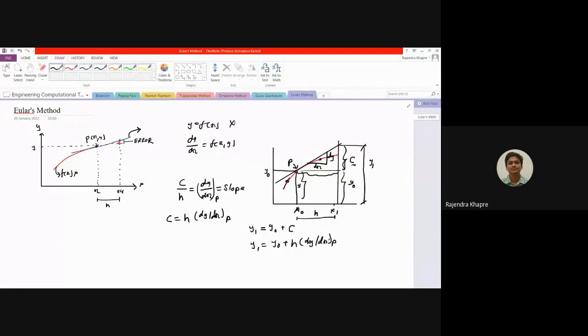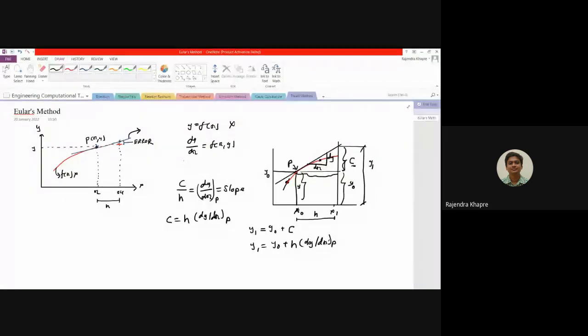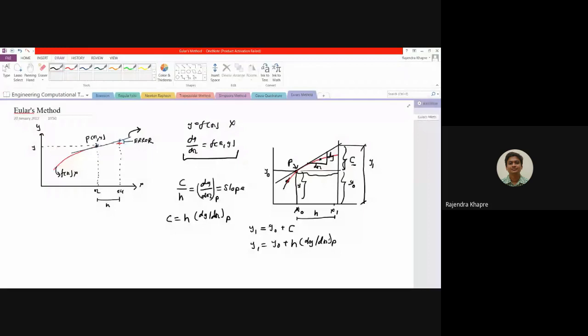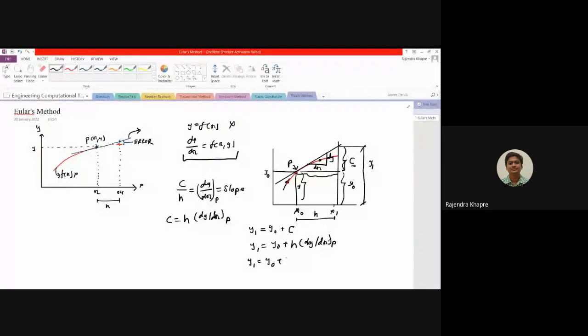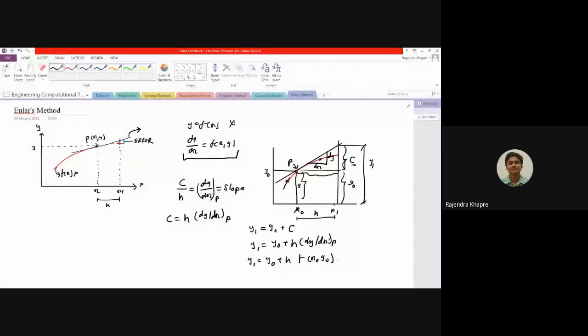Presently dy by dx is a function of x and y, and at point p the values of x and y are x0 and y0. So in short, you will get y1 equals y0 plus h into f of x0 and y0.